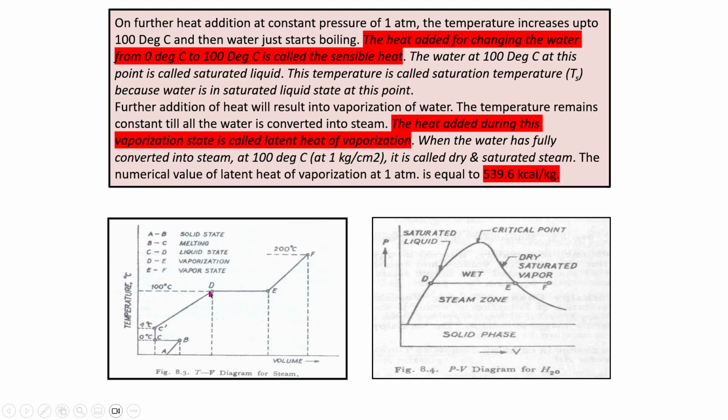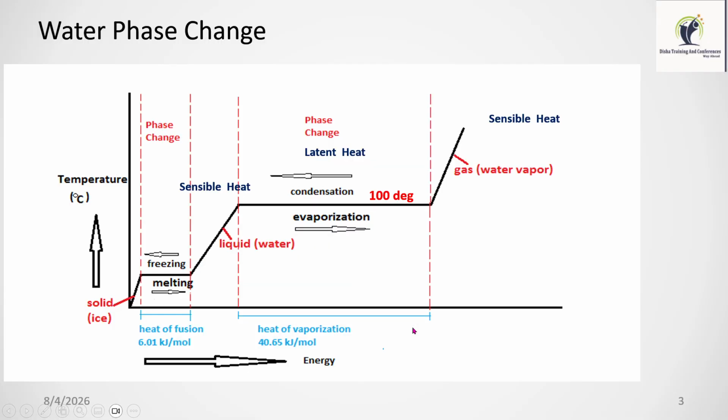Then the temperature will go on increasing up to 100 degrees centigrade. Then again you have to give the latent heat of vaporization, and gradually all the water at 100 degrees centigrade will become vapor at 100 degrees centigrade. Then if you add further heat, it will become superheated.